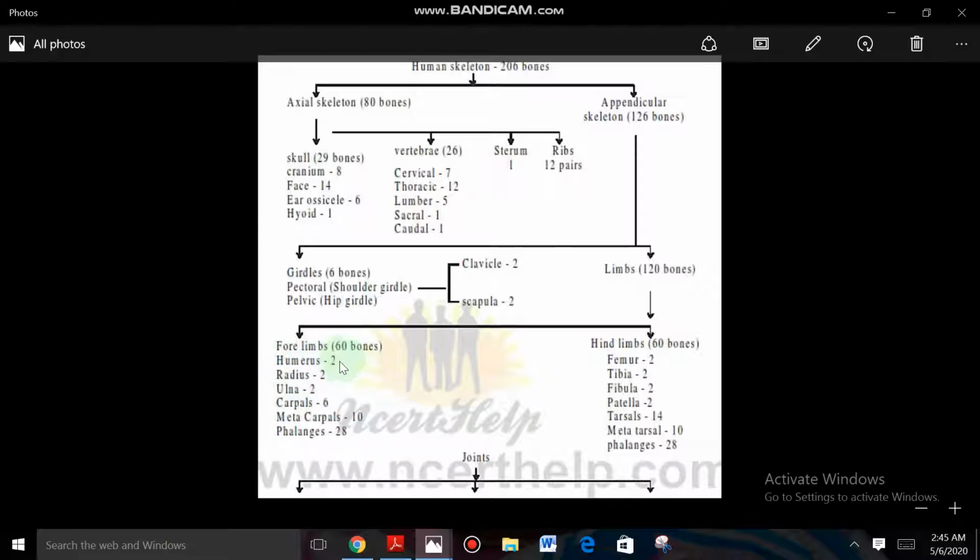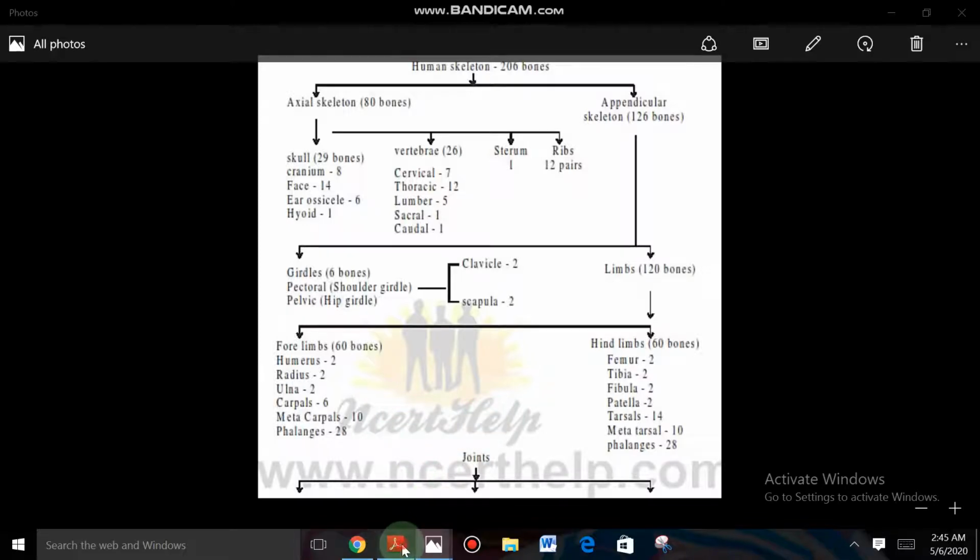For one hand: humerus 1, radius 1, ulna 1, carpals 8, metacarpals 5, phalanges 14. So 14 plus 5 is 19, 19 plus 8 is 27, 27 plus 3 is 30 bones. Clear?